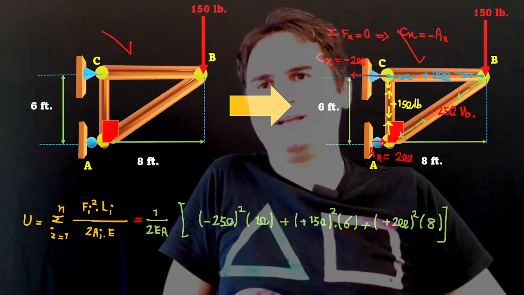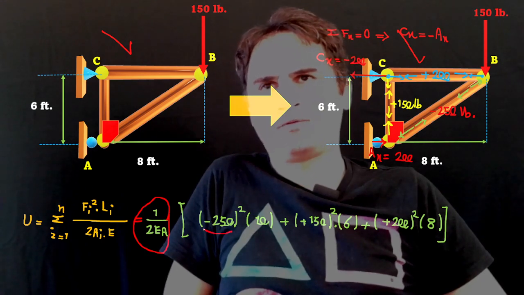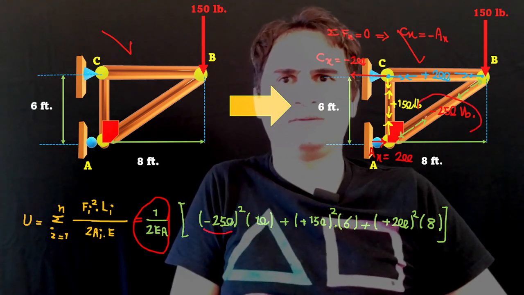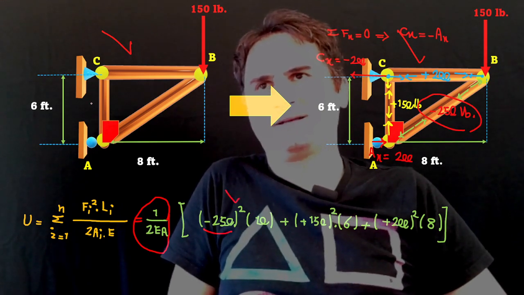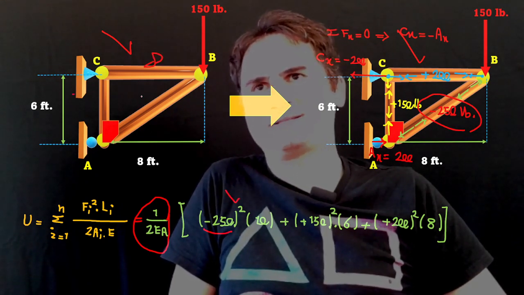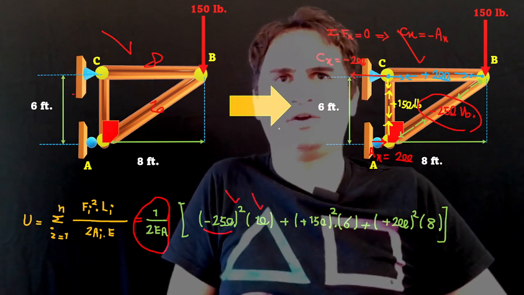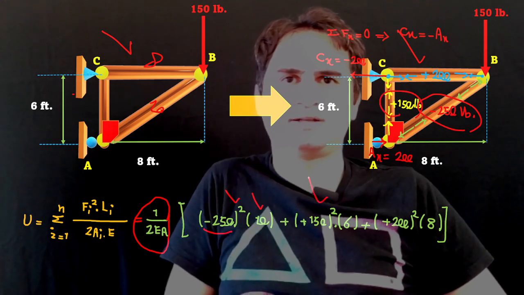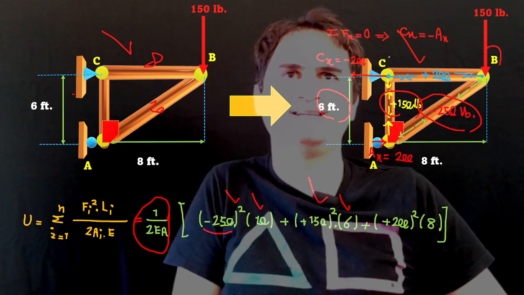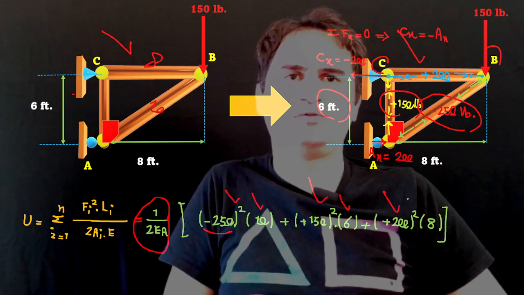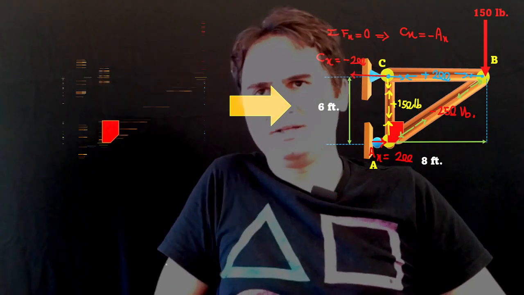If we take the constant 1 over 2EA out, we have the forces of each member squared. The lengths are 6, 8, 6, and 10. So that's L for each member: 150 squared times 6, which is the length of the member, and then 200 for FBC, which is positive 200 squared times the length, which is 8, replacing in the equation.